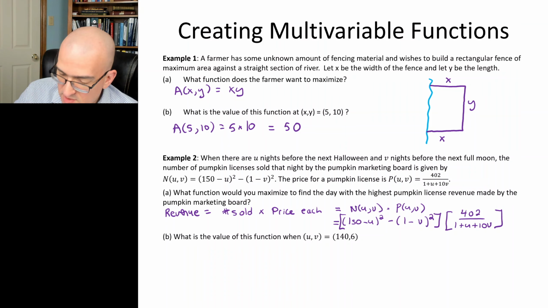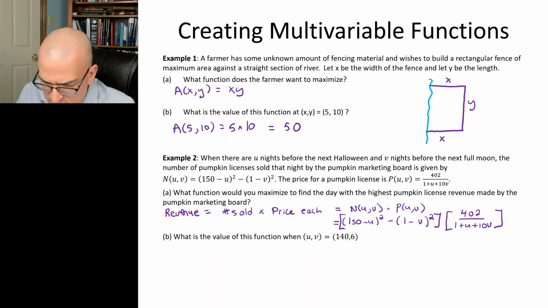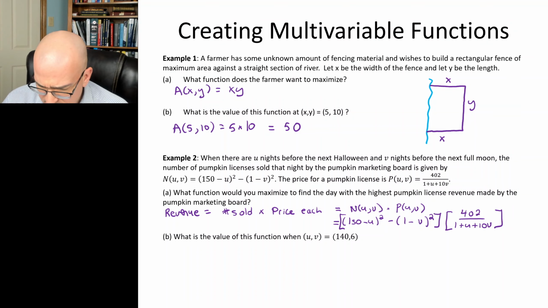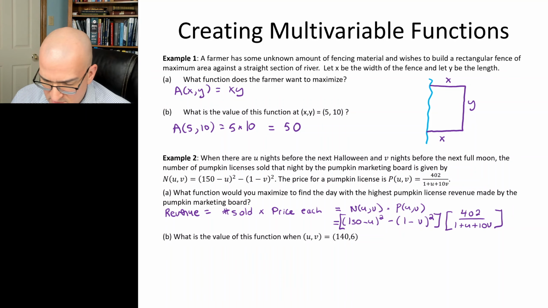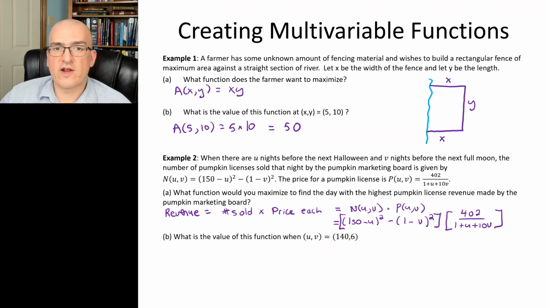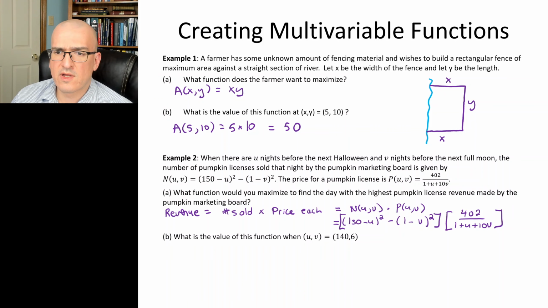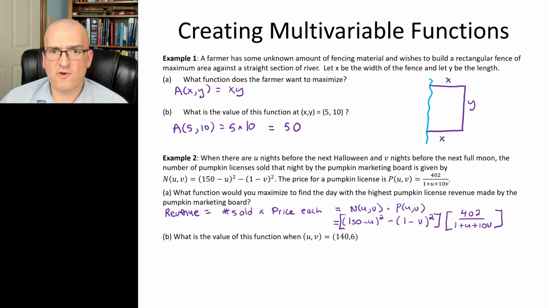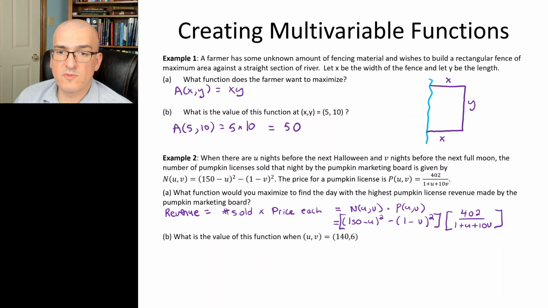So what this model is telling us is, let's see, when u is equal to 0, yeah, I'm not going to try and interpret it. It's just a model that we have. The number being sold is a function of how far away you are from Halloween, and then the price is also a function of how far away you are from Halloween, and these are also both functions of the time until the next full moon.